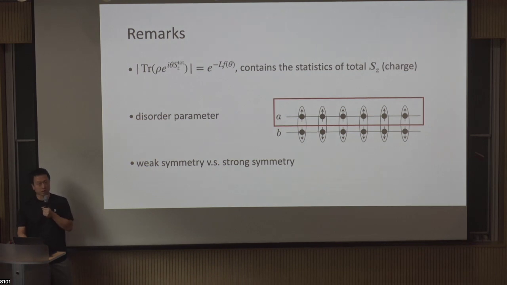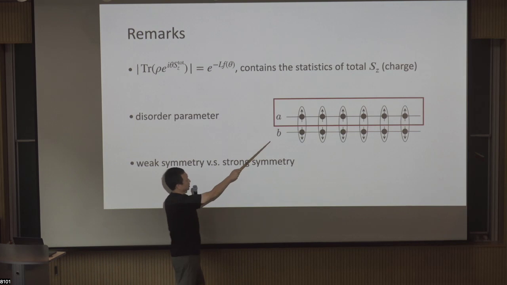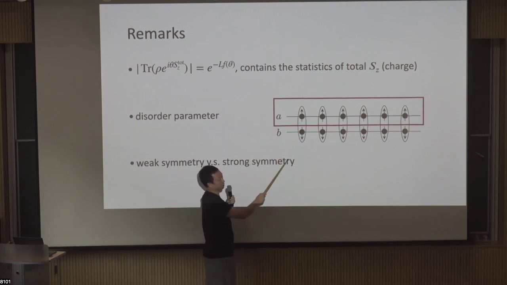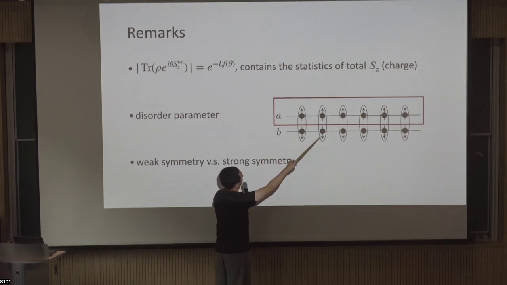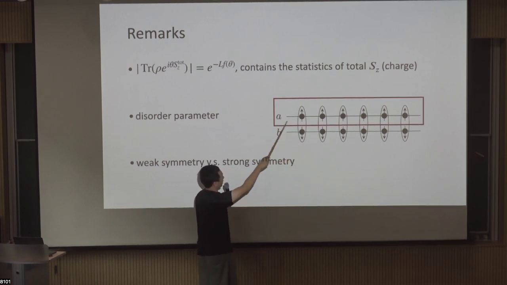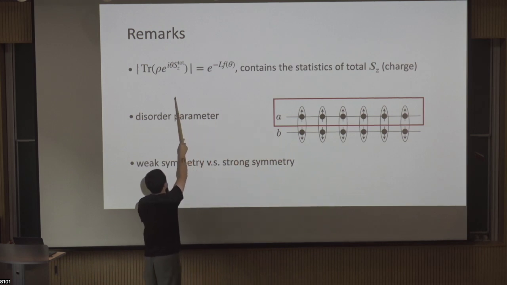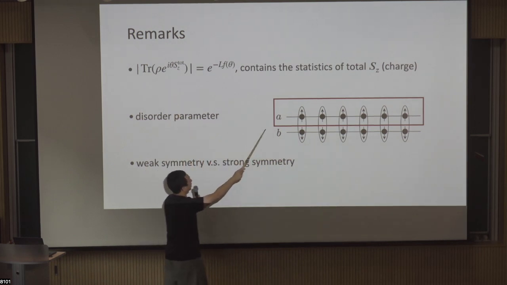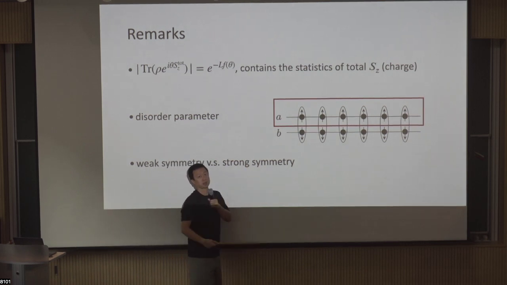The second comment is about this operator. If you purify the state, say using the canonical purification with another spin chain, they form some kind of state. Here I'm drawing some picture, but you can just imagine it's a big pure state. Then I apply the symmetry rotation on A. If I apply the symmetry rotation on the whole system, I get back the same state.